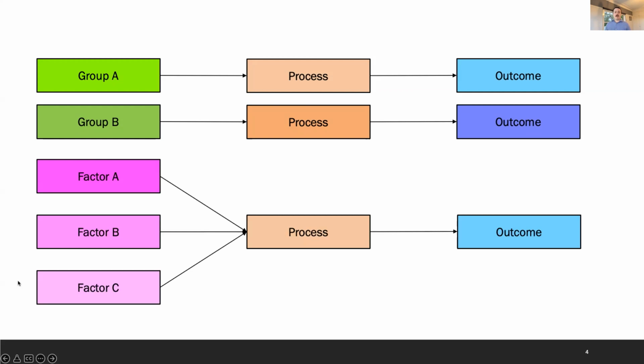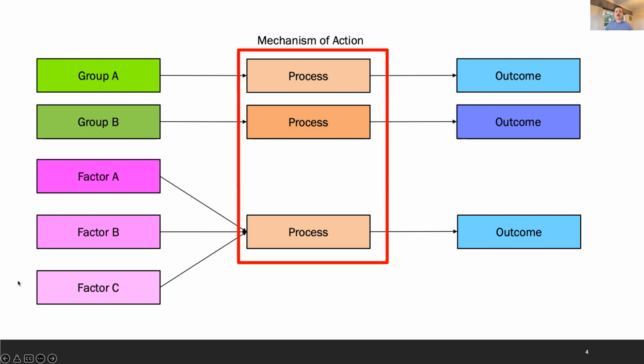Or in what we call observational research, we might measure several factors that we believe affect the central process of interest, and then measure outcomes depending on those factors. Regardless, we're fundamentally interested in this underlying process, or what I sometimes call the mechanism of action, that theoretically links these manipulations or predictive factors to the outcomes that we're interested in.